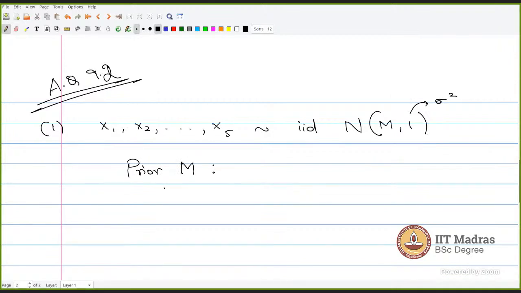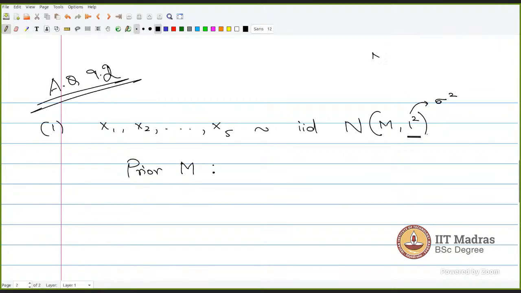So the prior for m is normal. Sir, is the 1 sigma or sigma square? It's always sigma square, whatever the parameter here represents.